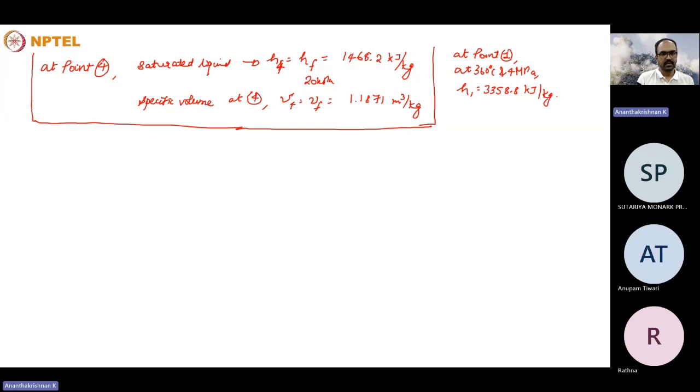So this is from the steam table. Similarly from the steam table, we can determine nu1 that will be equal to 0.1049 meter cube per kg.